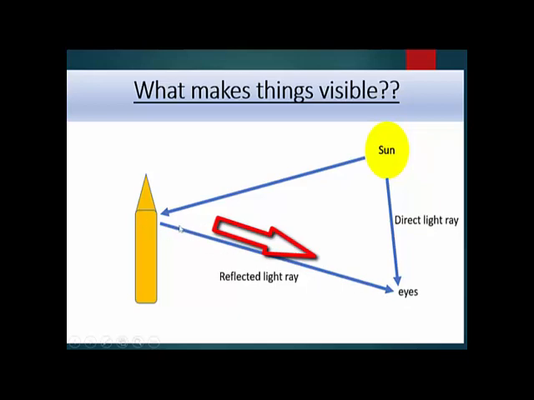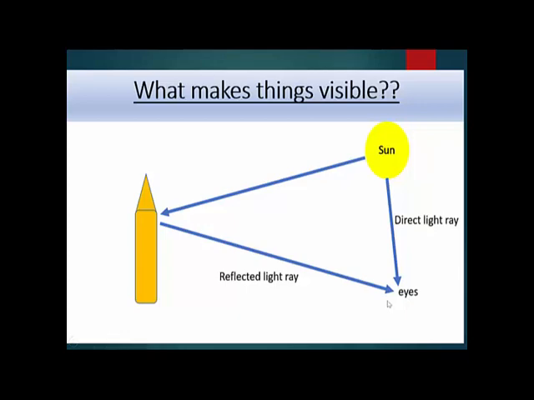It is not the direct light coming from the sun, but a light ray reflected by some other object. Maybe a pencil, maybe a plate that you're holding, maybe a glass of milk, maybe a tree. When that reflected light ray enters your eyes, that's when you are able to see the pencil or anything that you're holding.